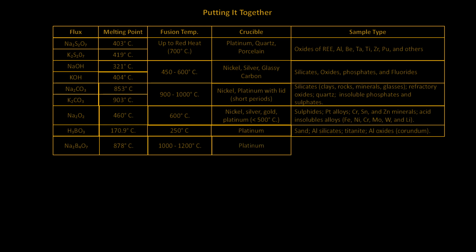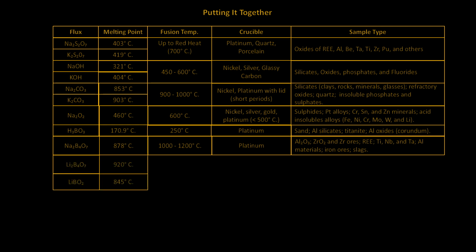Platinum crucibles are preferred for decomposing aluminum trioxides, zirconium dioxide, and zirconium ores. This flux is also used to decompose rare earth metals, titanium, niobium, and tantalum, as well as other aluminum materials, iron ores, and slags.